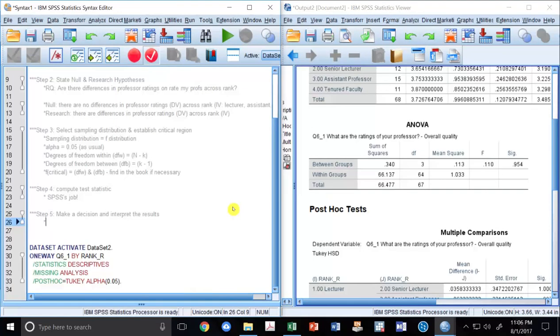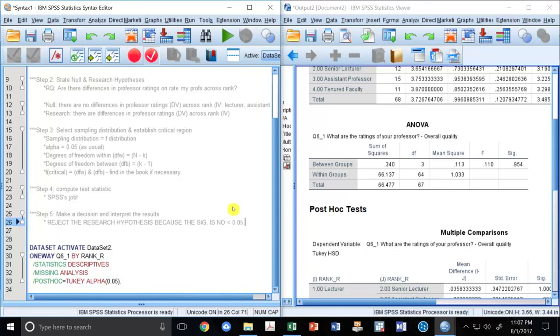So I would say reject the research hypothesis because, and this is not how you would formally write this out, but this just gives me a note, the significance is not less than 0.05.